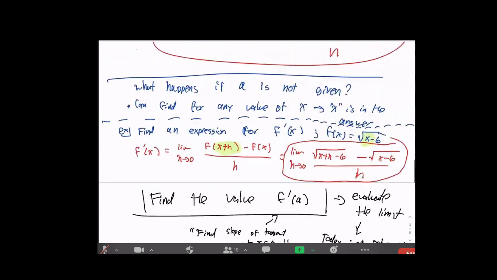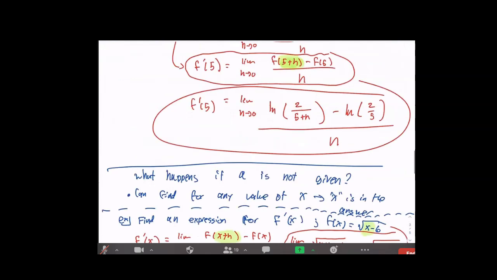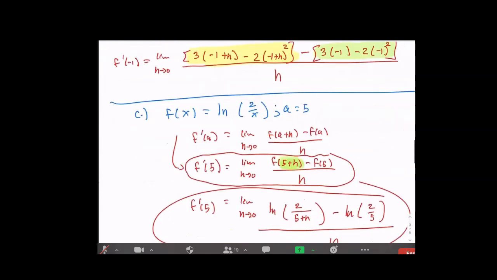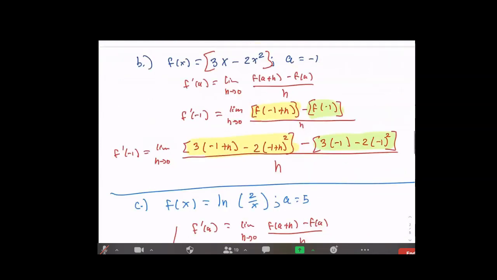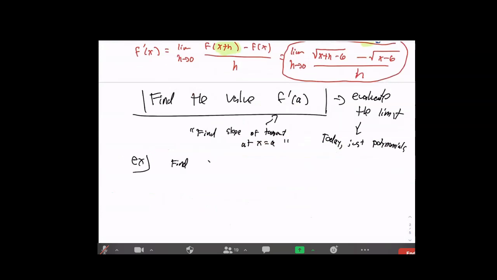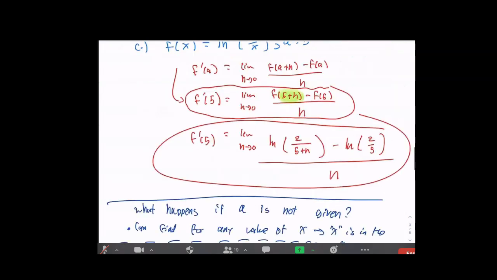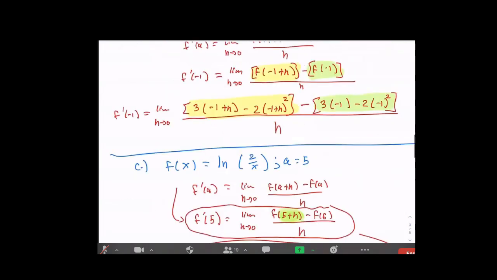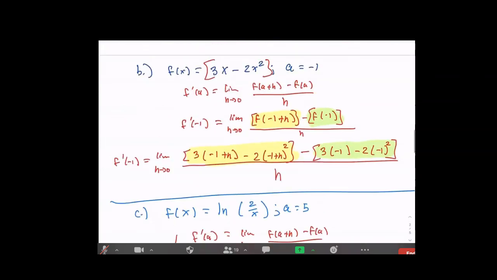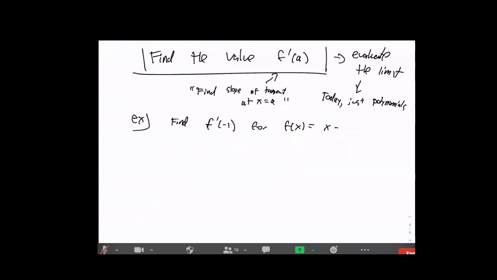3x minus 2x squared. So find f prime of -1 for f of x equals 3x minus 2x squared. Okay. So we want to find it.